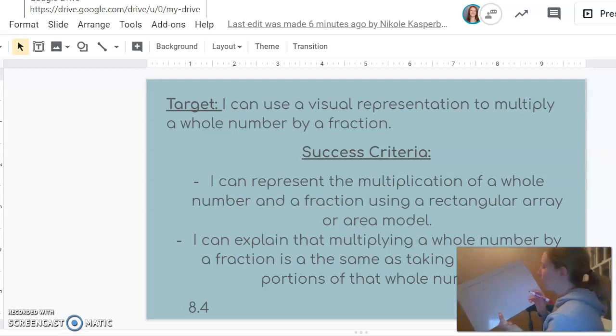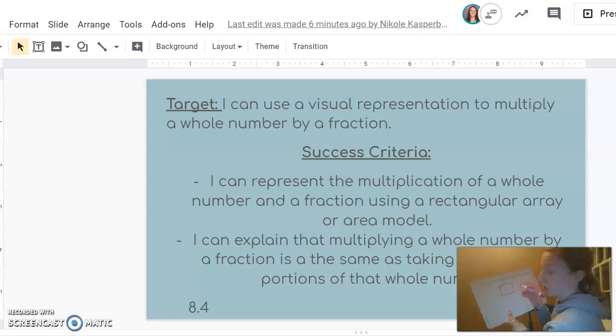Well, what we're going to do is we're going to have our whole, and then we're going to show how we're going to multiply 3 by 2 by breaking it up into 2 on one section, and then over here we're going to break it up into 3. And then when I count the number inside, I get 1, 2, 3, 4, 5, 6. So 2 times 3 equals 6. So it's been a while since we've done that, but it should come back to you fairly easily.